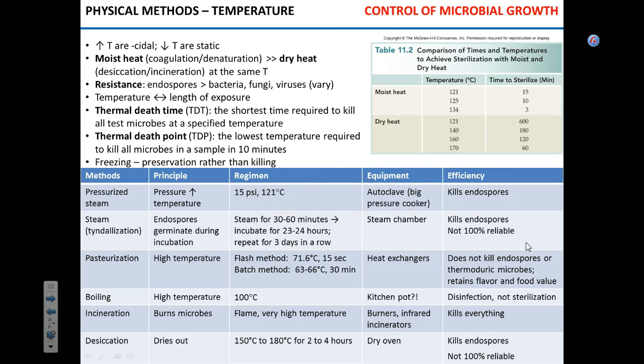Before we talk in details about each one of them, what are three major physical approaches to microbial control? It's a temperature, it is radiation, and it's mechanical removal of microbes from whatever substance we're treating. Does that make sense?